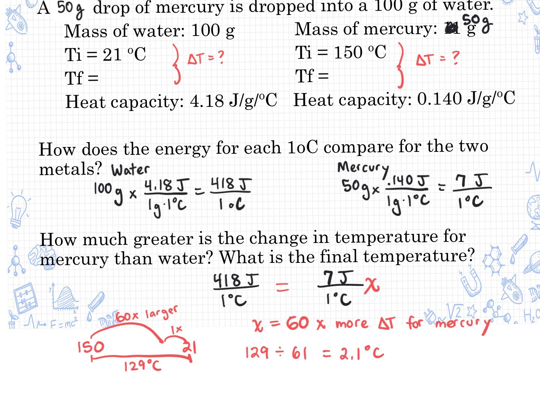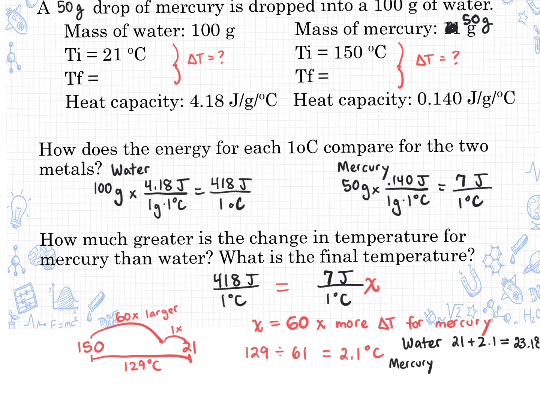So the water only gets one temperature change increment. So for water, the temperature is going to go from 21 to 23.1 degrees Celsius. The mercury, it's got to have 60 times more temperature change because there's 60 times more energy required for every 1 degree of water change.